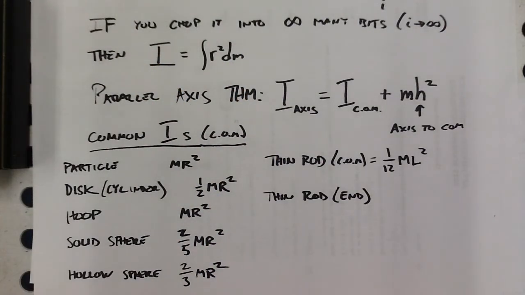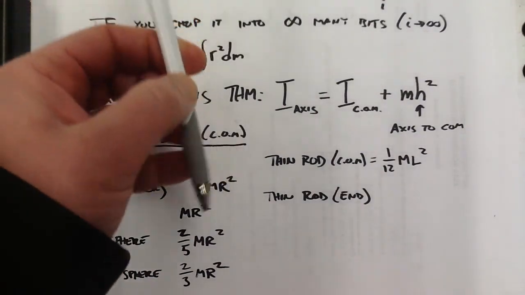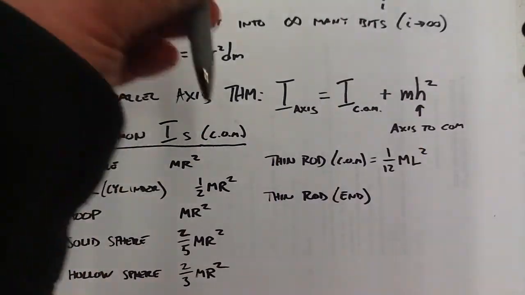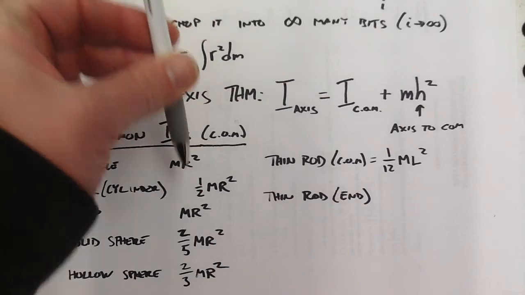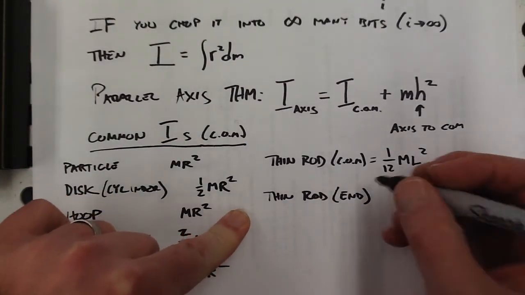So that comes up a lot. If you were doing the bicycle tire and you really wanted to nail it down, you could do the hoop part of it and then plus all of the thin rods that are rotating about their end, attached at the center and sticking out. So thin rod about the end.